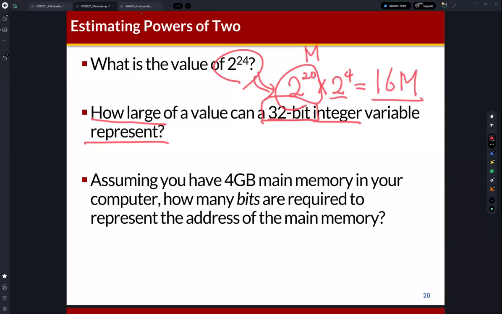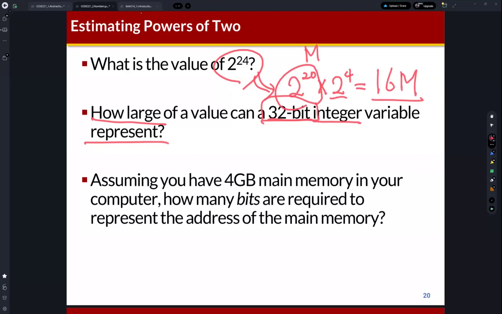But in C or C++, so this C++ is some advanced version of C. In C, we just define a data type, and then by this data type, some bits are assigned to this data.